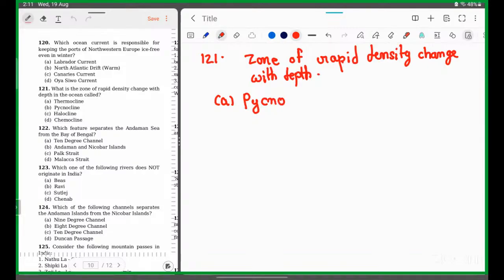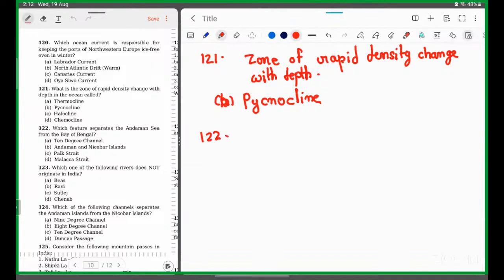Option B. Thermocline means it is the temperature zone of rapid density change with depth in the ocean. And halo means salinity and chemo means chemical composition. So synucline will be the answer.